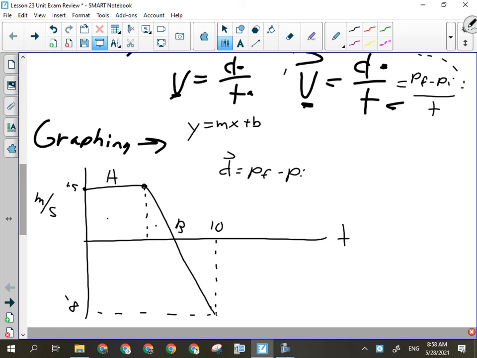And here, it's going 5 meters per second. Here, it's also going 5 meters per second. What was it doing during section A? Traveling at a constant velocity of 5 meters per second forwards, or positive 5 meters per second. That's all we can say. Right? What's it doing in part B?